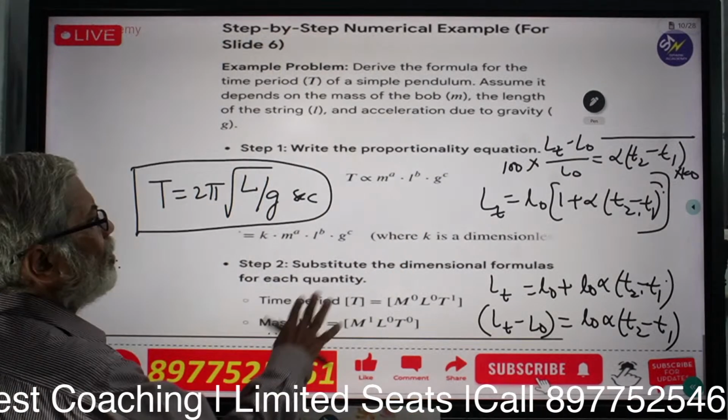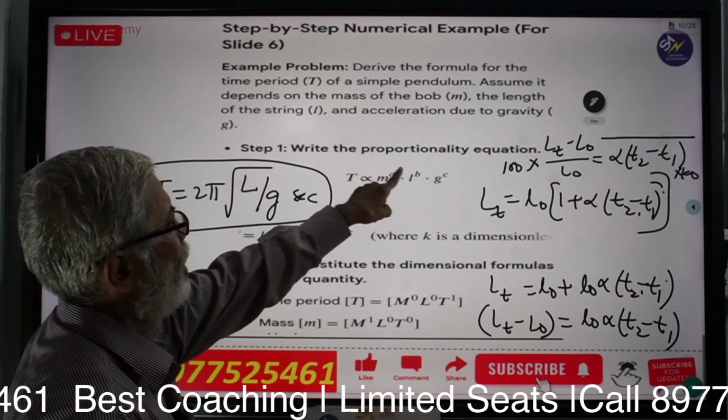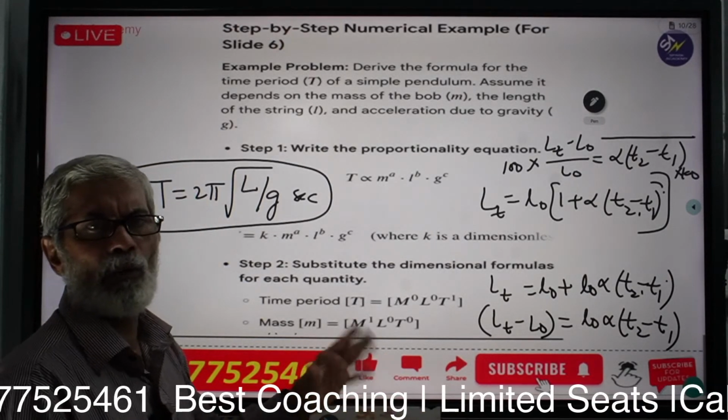Anyhow, this particular thing, the time period of a simple pendulum depends upon mass, length and acceleration due to gravity. You don't know what the relation is.